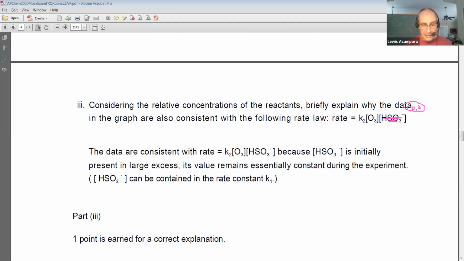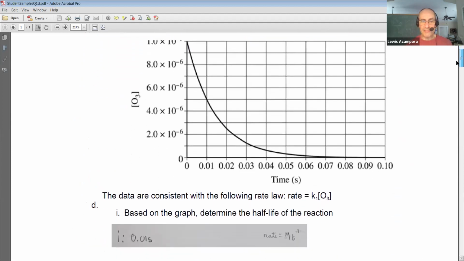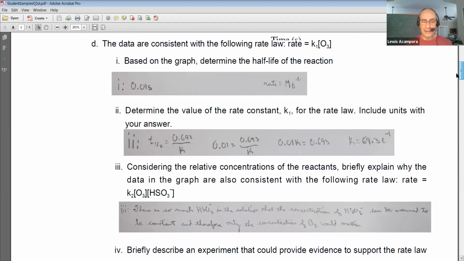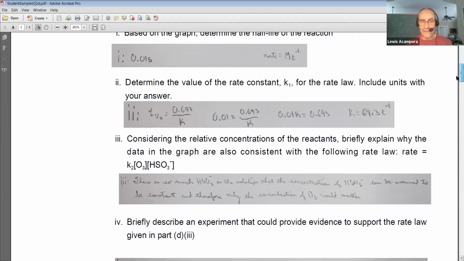So let's go and let you score a few of these. There we go. So this is a student sample. Now I've got the question here, and you'll remember this is out of 5 points.